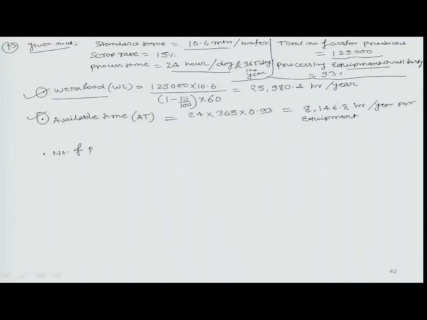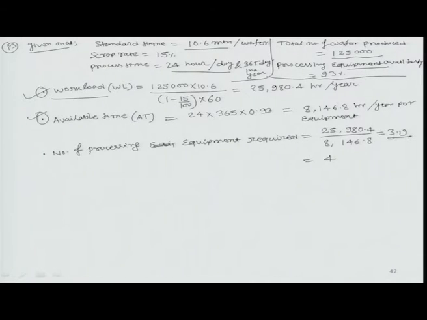Number of equipment is equal to 25,980.4 divided by 8,146.8, that is equal to 3.19.